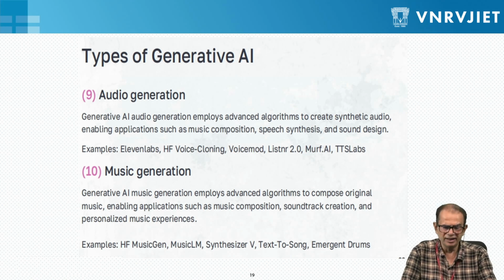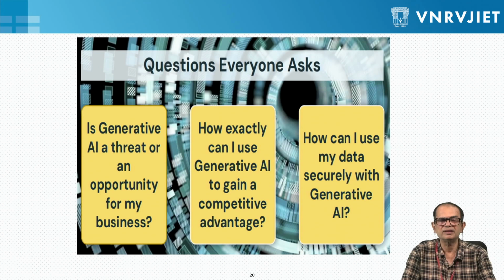So an example of this particular software is voice cloning. We can do that using generative AI. We can also generate the music. Okay, so in music, LLM, okay, we are going to have out here, and the synthesizer, okay, text to song. So all of this can be done.